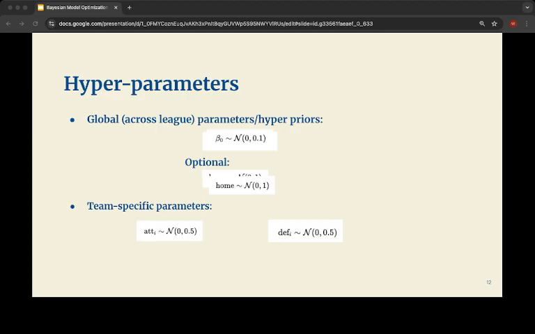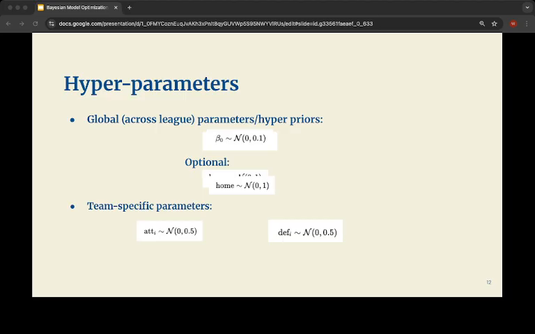For the team-specific parameters for each team, we just assign another fixed normal distribution. Then this model continues to do the score modeling by adding up using the formula.